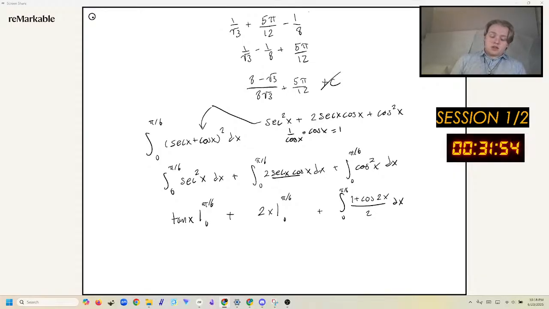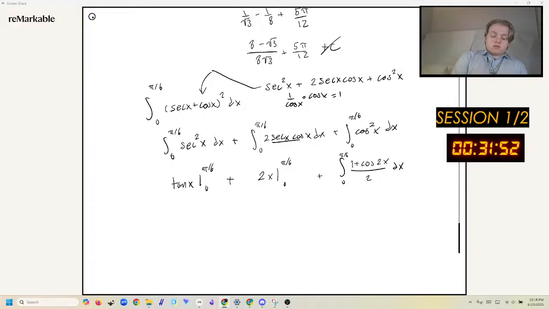Wonderful. Alright, so let's compute these over here really quickly. We're going to have tangent of pi over 6 minus tangent of 0 plus 2 times pi over 6 minus 2 times 0. We're going to bracket those off to know that they are independent arguments.